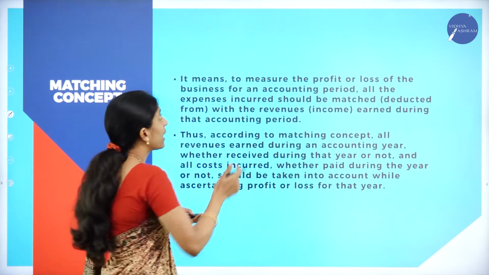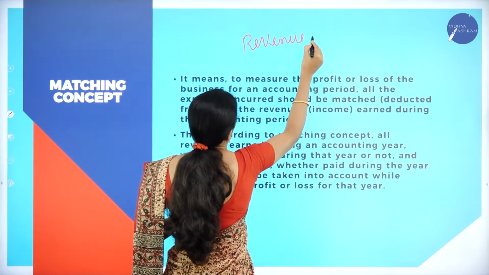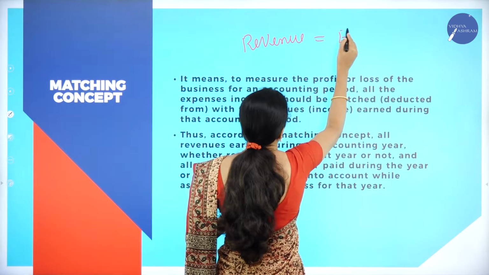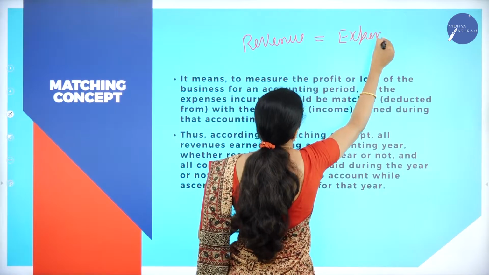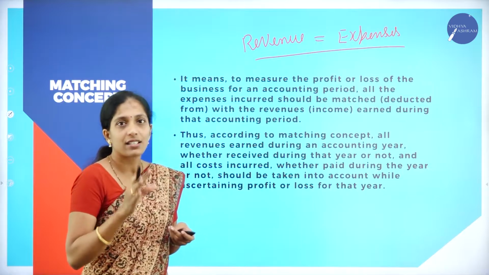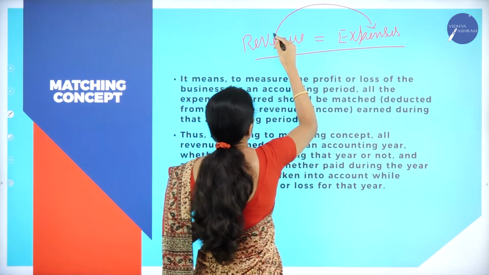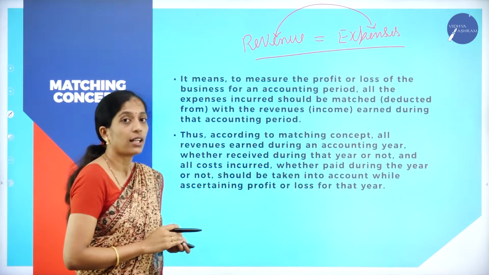So here we are going to match the revenue of the organization with the expenses of the organization. The word matching itself says that we are going to match the total revenue with the total expenses of the organization.